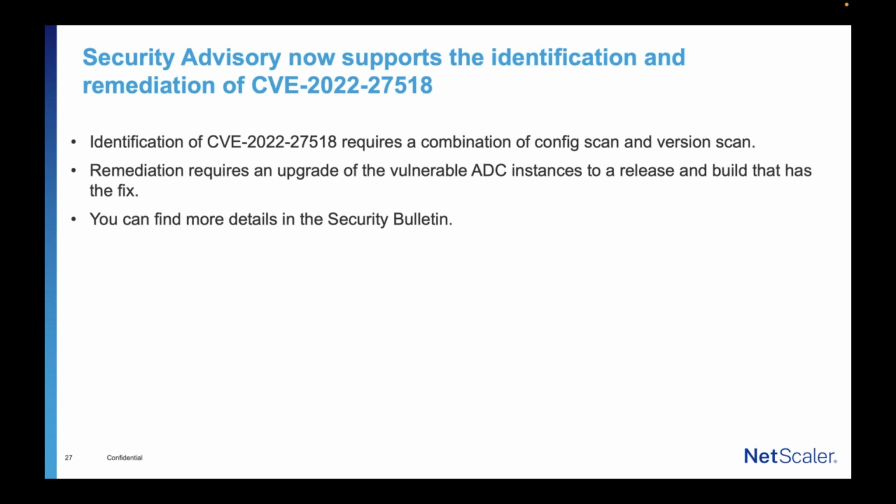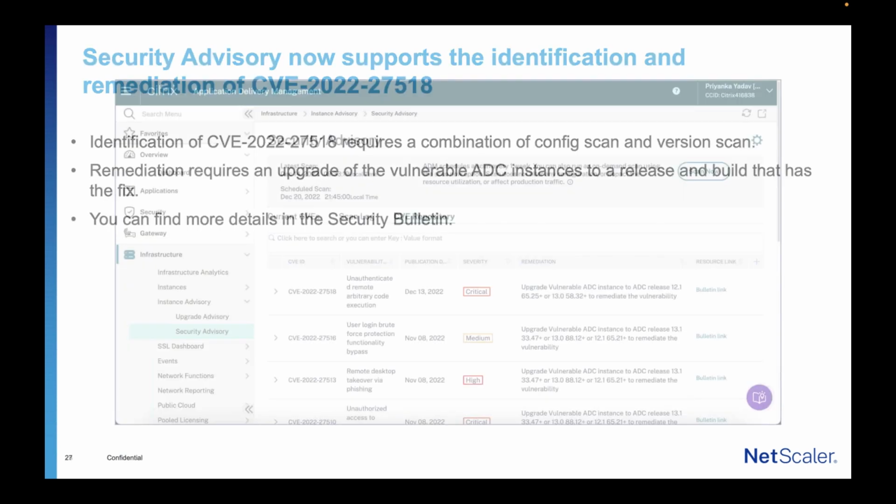The CVE is related to the SAML feature that is enabled on your NetScaler. For the customers who do not use security advisory or are on ADM on-prem, I'll request Avinash to send a security advisory video link so that customers can have a quick look at what security advisory does and how it does it.